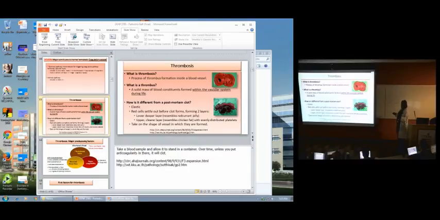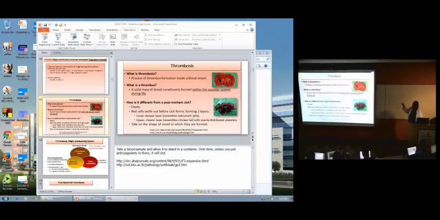It looks a little blood tinged. So you have these two layers, where the red cells settle down, and the other blood constituents, mainly the platelets and fibrin, are on top.